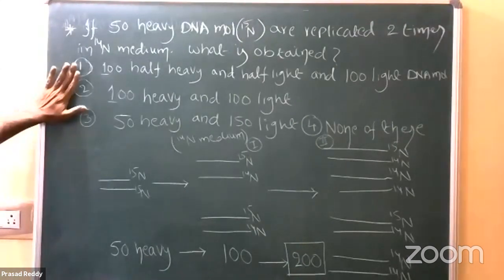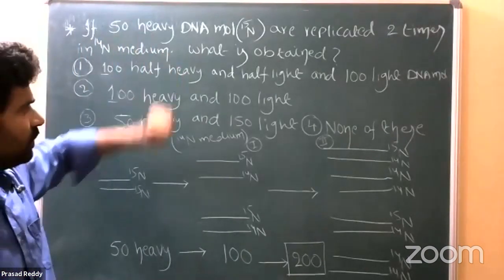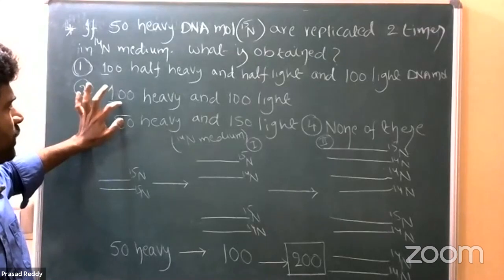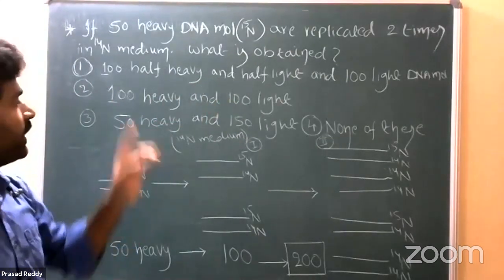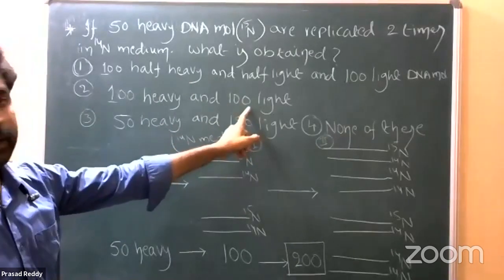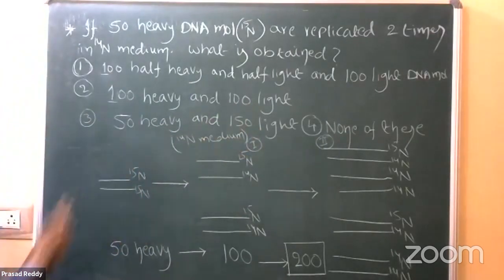In those 200 DNA molecules, which option is suitable? Totally 200 DNA molecules. In the second option, 100 heavy and 100 light is not possible. And 50 heavy DNA molecules and 150 light DNA molecules also not possible.